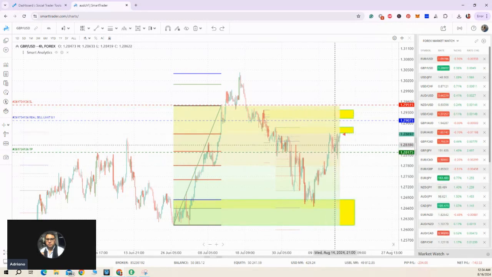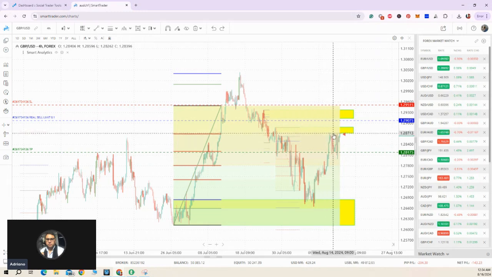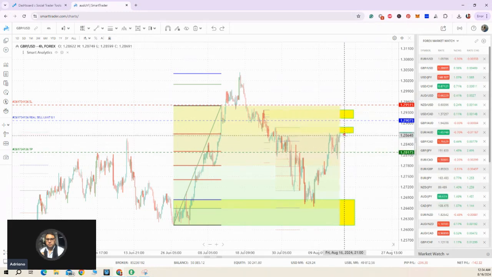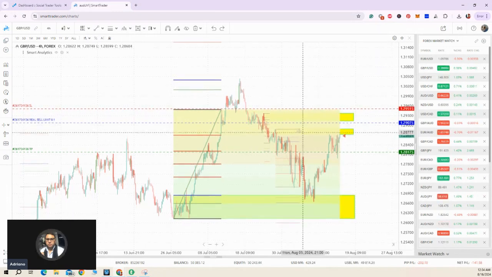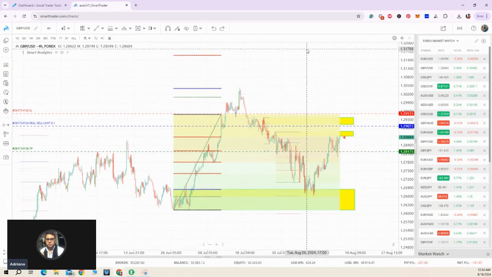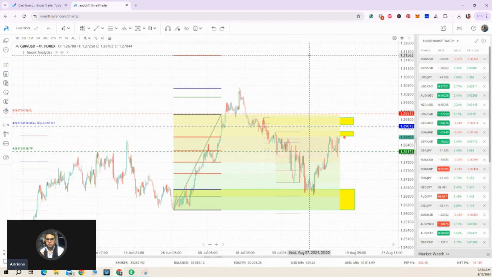And then the market went up and found a supply zone here, retraced a little bit, but I think it's gonna break this supply, and it's gonna go to the target here, 1.3156.